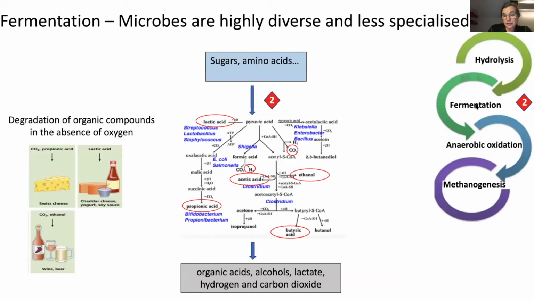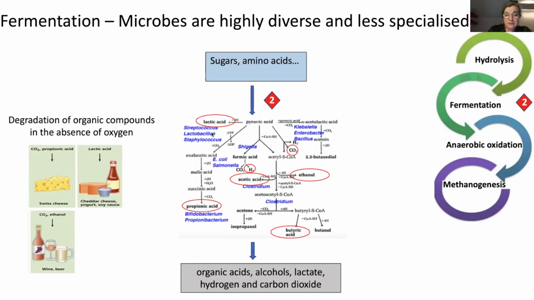It's the fermentation step. Here, these sugars and amino acids are further converted by fermenting bacteria. Fermentation, you probably know from yogurt production, cheese production, and also ethanol production. It simply means that you degrade organic compounds in the absence of oxygen. This is what fermentation means. And here you see different bacteria involved. In this step, you have a lot of variation in the bacterial community.